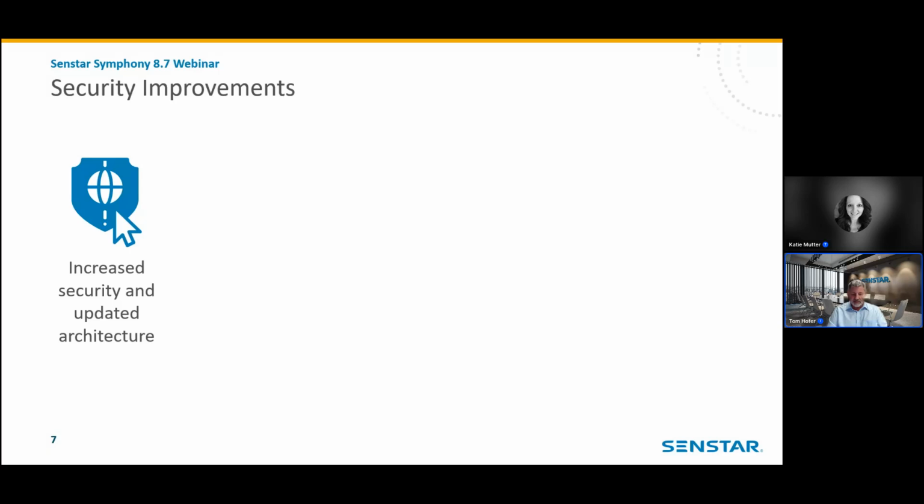So we updated some components internally where we know these have some exploits that you could use, or where we know that this is maybe outdated. So we updated a lot of internal architecture that allows you to say, okay, you're now more secure on the market. So that's very important, that you can say, hey, you have a platform that is fairly secure and it is not that easy to crack.